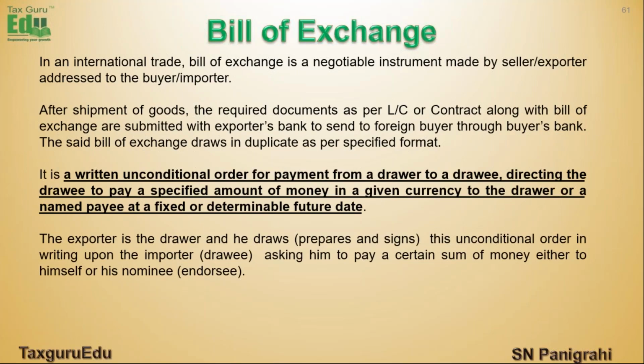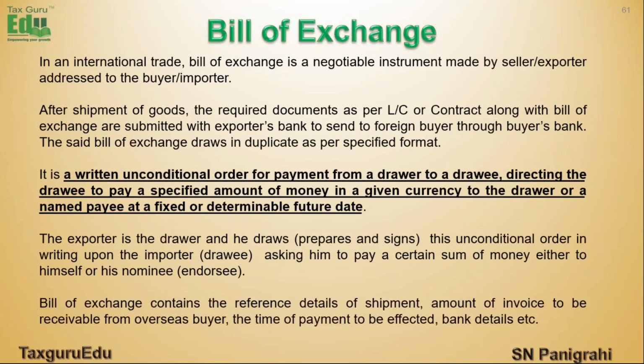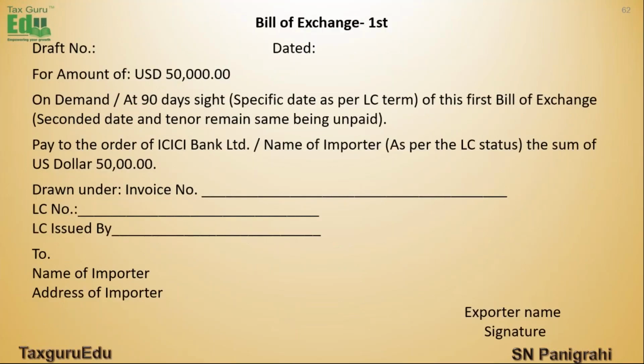The due date is there because, for usance credit of 45 days, for example, payment has to be made on the 45th day. Otherwise, for a sight LC, payment has to be made within 5 days.